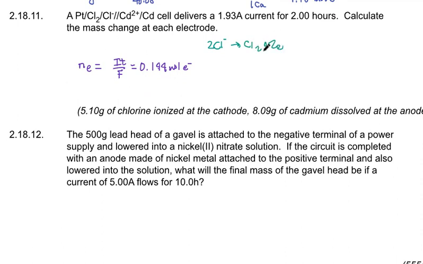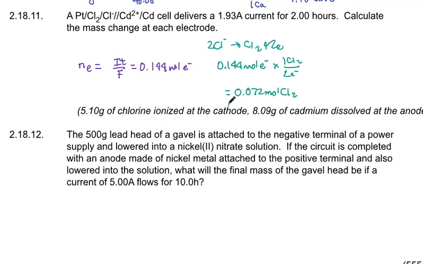this says for every 2 electrons that you produce, you're going to get 1 chlorine. So, on the chlorine side, we could say 0.144 moles of electrons times, we get 1 chlorine for every 2 electrons, equals 0.072 moles of chlorine.